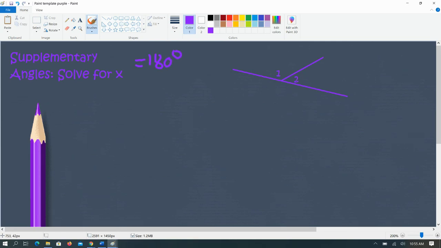So let's say for angle 1 that we have 5x plus 10. So angle 1 is 5x plus 10. And then for angle 2, let's say we've got, we'll go with 55. That should work out all right.